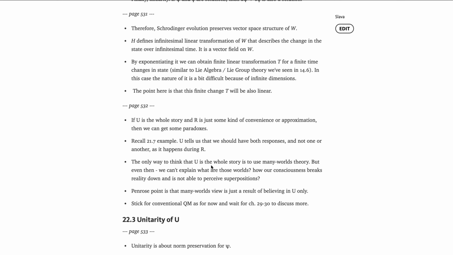Right, and it just seems like R is the way that we perceive the world, but if you consider these things as macroscopic quantum systems, then it would still be a U-type evolution. Yeah, it's interesting. Actually, in that video it was probably Sean Carroll, and he has a book about the many worlds theory, and I think he votes for it.